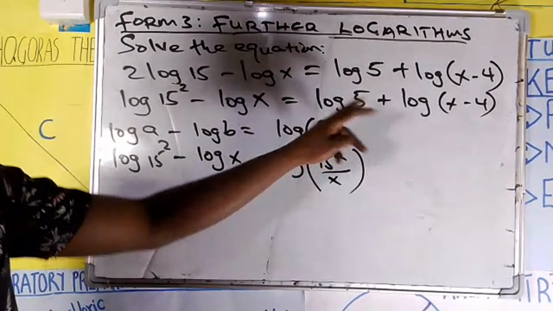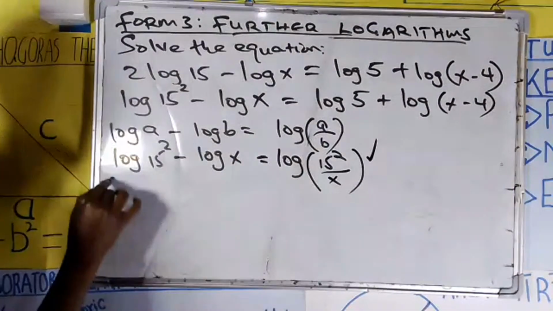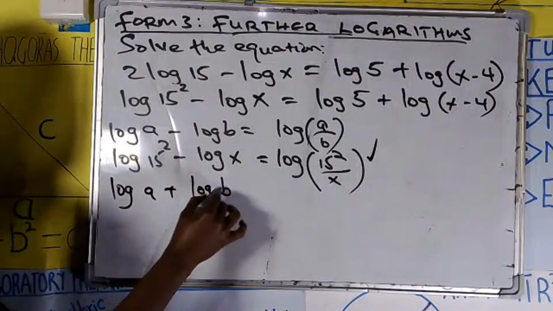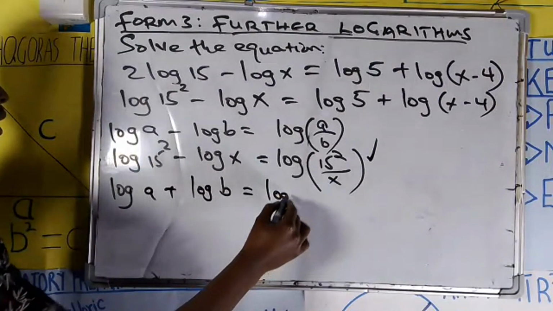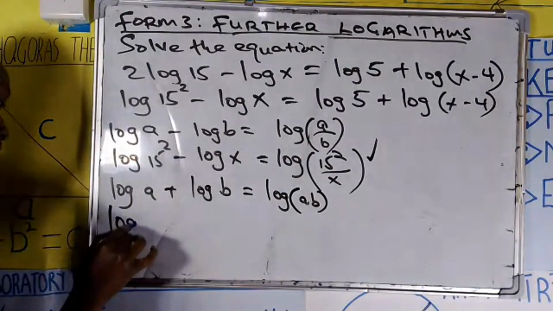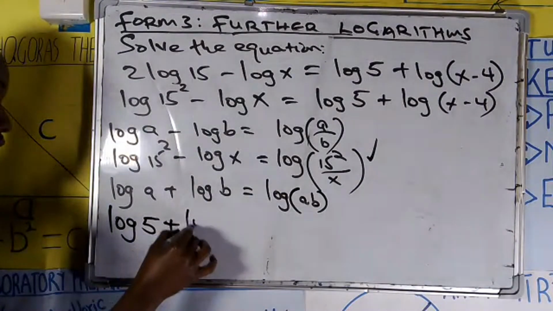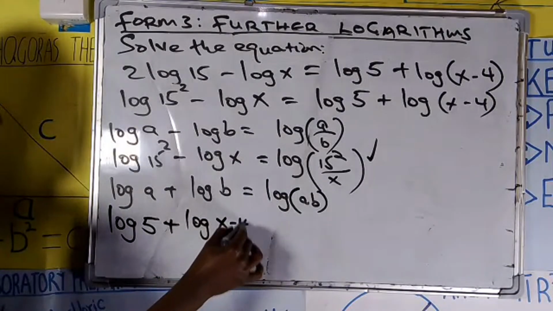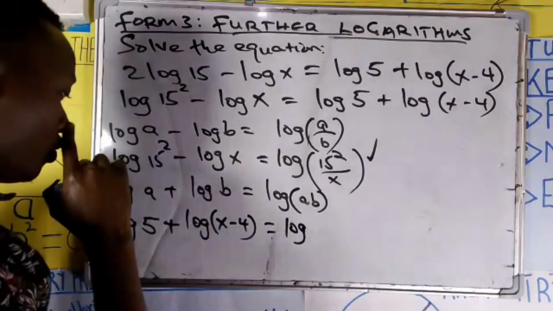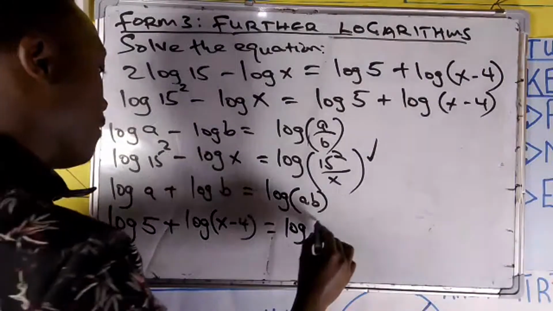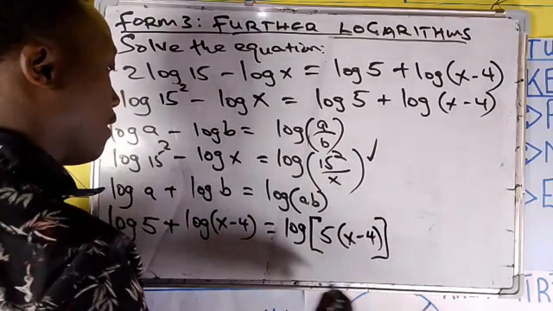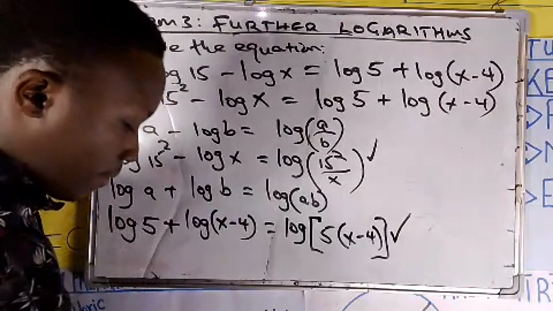Nayo ile ingine, the other side, tulisema log A plus log B inafaa iwe log AB, tuna multiply. Kwa hivyo log 5 plus log x minus 4 inafaa iwe log 5 into bracket x minus 4, tuna multiply. So tuko na haya mbili.